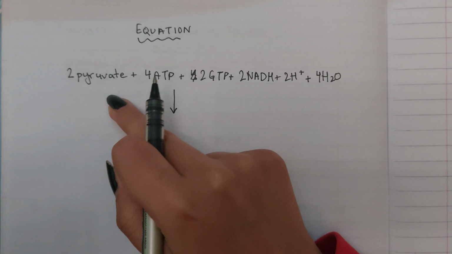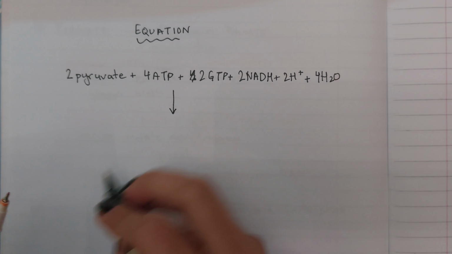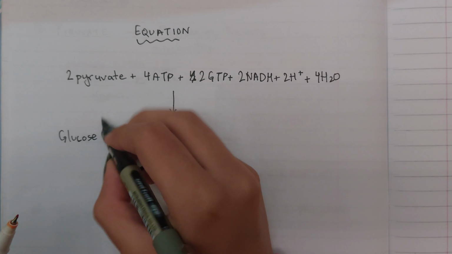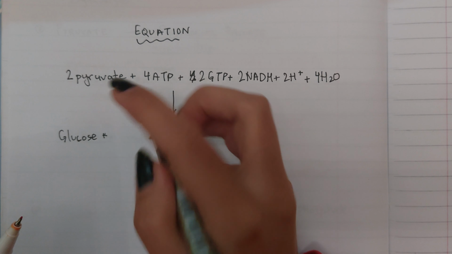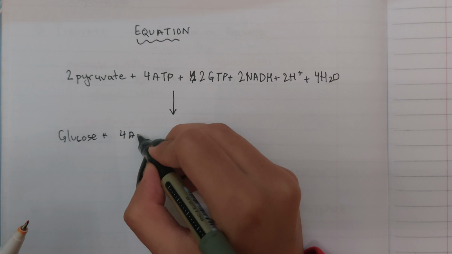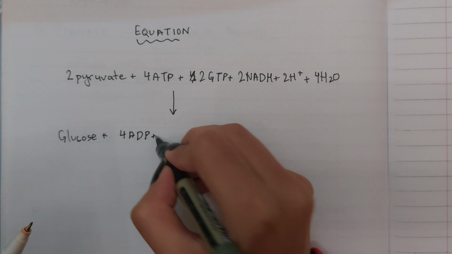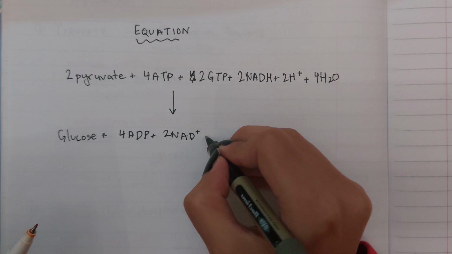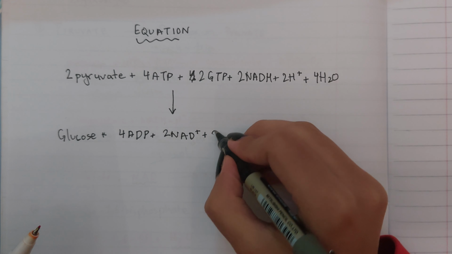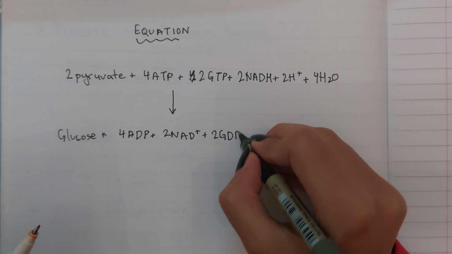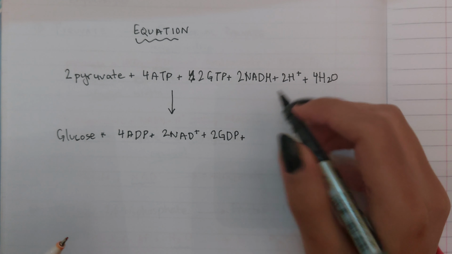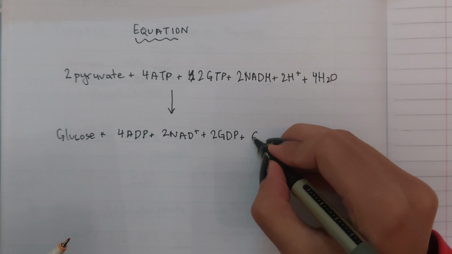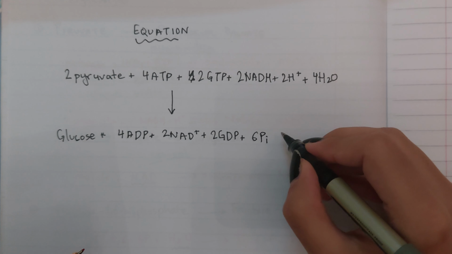So these are the reactants, and the product would be 1 molecule of glucose. 4 ATP gives 4 ADP, 2 NADH would give 2 NAD positive, 2 GTP would give 2 GDP, and the phosphate groups from here and here would accumulate into 6 phosphate molecules.